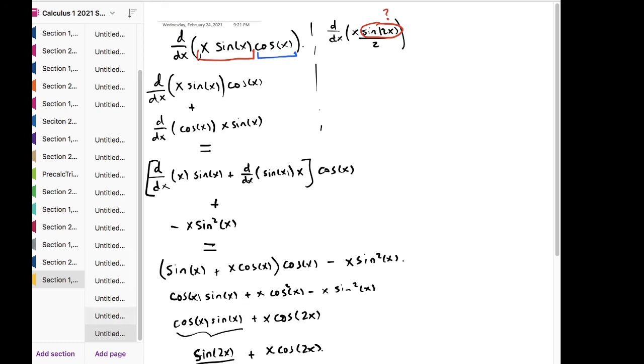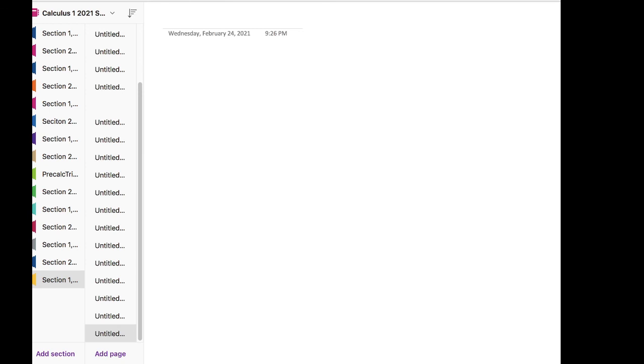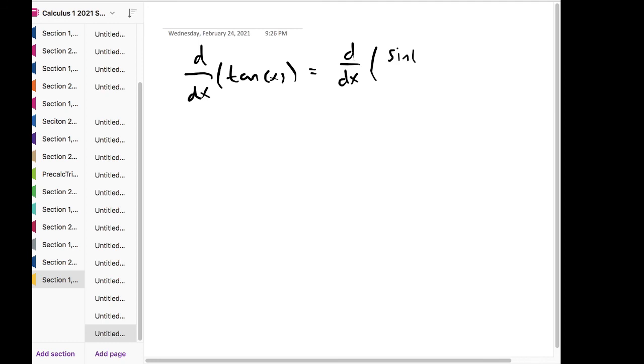So just to give you something to think about, try to come up with a rule to handle quotients.